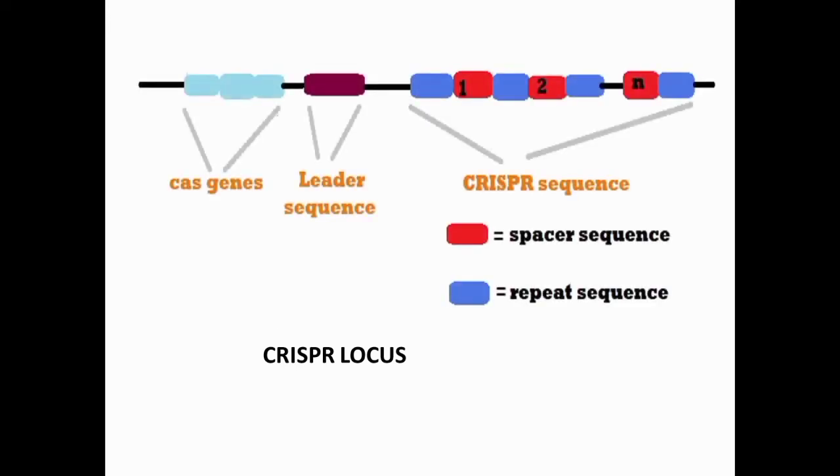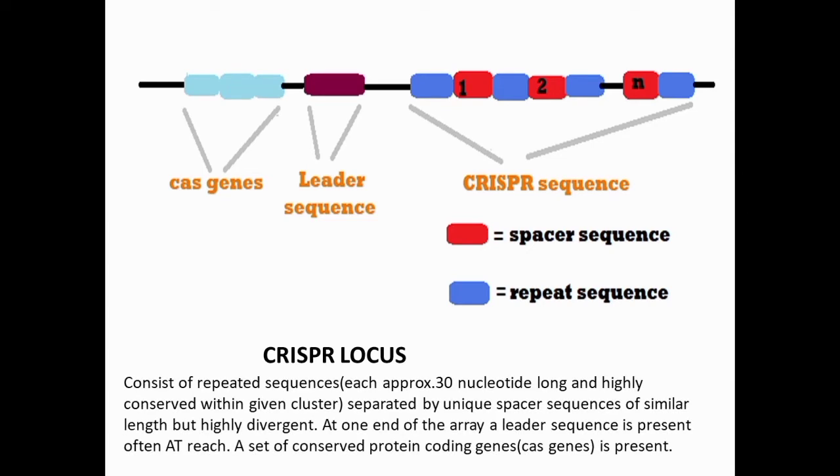The first one is the CRISPR locus. This is the diagram of the CRISPR locus, and this is the description. First of all, as I told you, the CRISPR is nothing but a DNA sequence. Let me tell you that this is the DNA sequence of the bacteria.